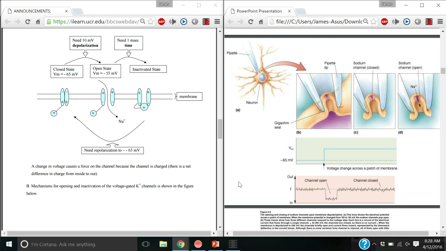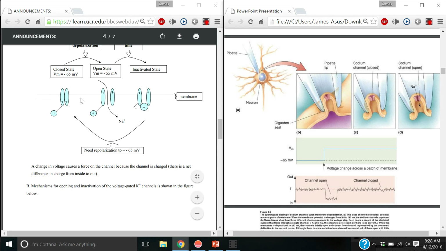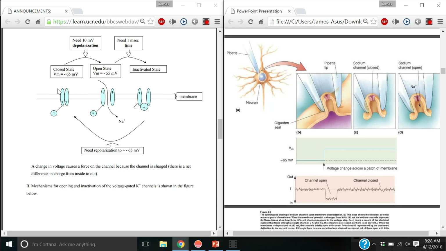So the question was, why is there a change in the charge distribution within the protein itself? And a specific version of the question is, is that because of the flux of sodium? And the answer is no. The answer is that as the protein changes from here to here, and so here's your closed ion channel, as it opens, the protein itself consists of subunits.